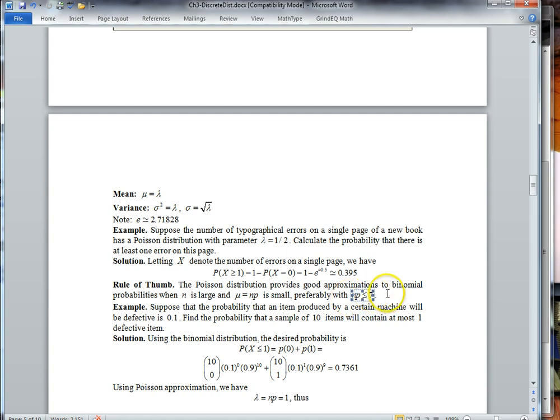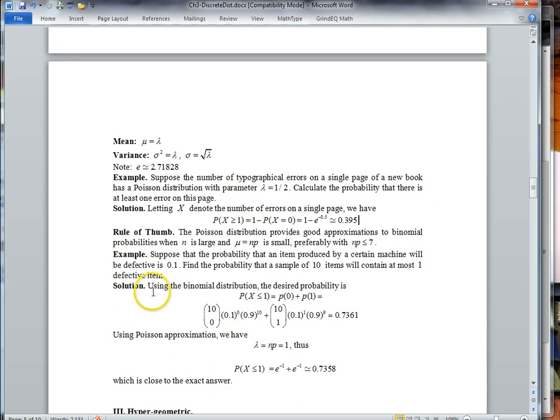In that case, we can use this approximation. Let me illustrate that. This is useful because in the Poisson you don't need to use tables, although there are tables, versus binomial where tables sometimes are needed.